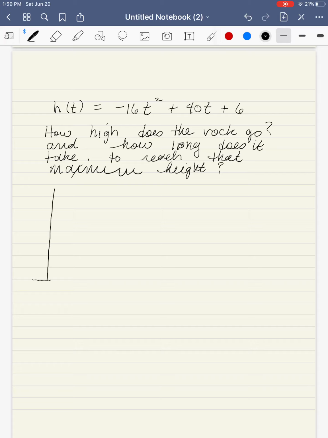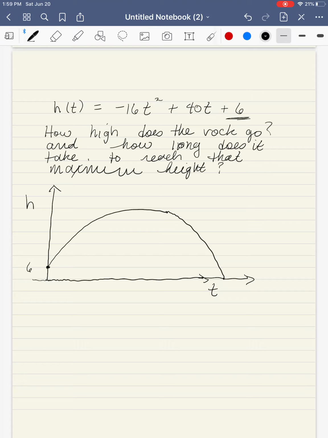But if I draw a picture of this over time, if this is my height, how high the rock is over time, my y-intercept here is 6. So the height of the rock is starting here at 6 feet. It's going to go up to its highest height, and then it's going to come right back down and hit the ground again.